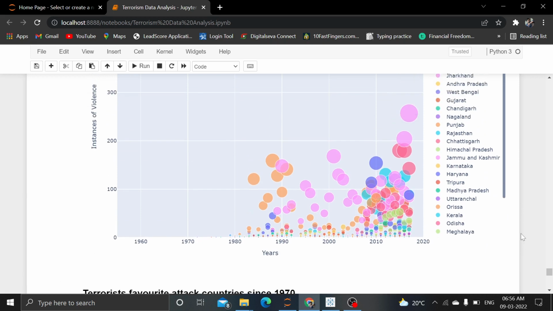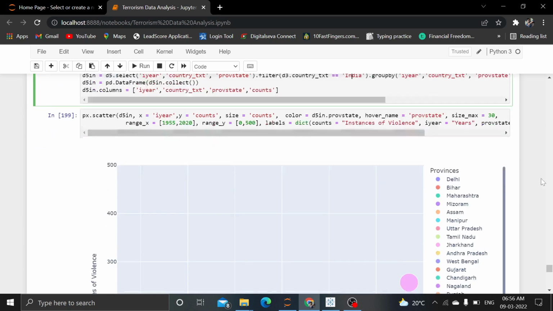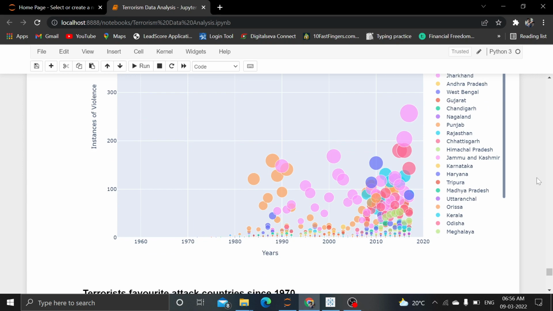Okay. You can also change it for Pakistan or Iraq. Here, only change the name and you can see how provinces are affected in a different country. Okay.